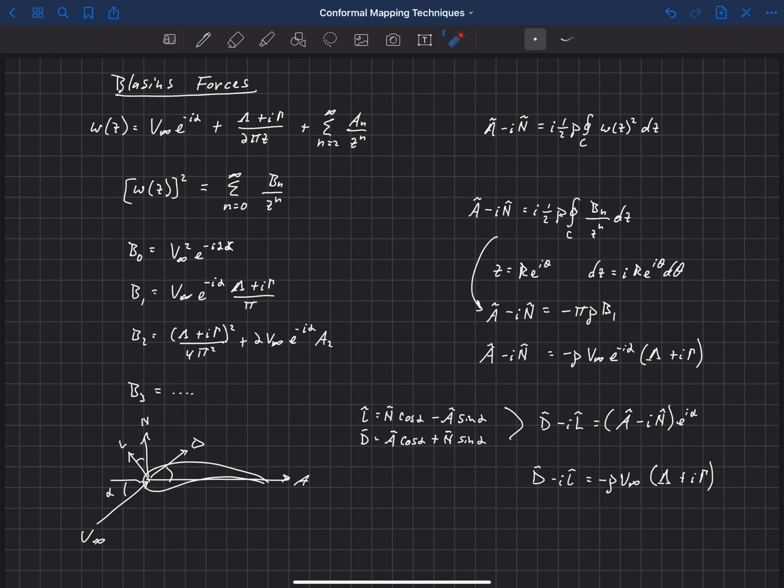Instead of axial and normal here, we're now looking at the lift and the drag as a function of these two. And this is a complex number, and this is a complex number. If we equate the real components here, we get that drag is equal to negative rho v infinity times lambda, and that lift is equal to rho v infinity times gamma.